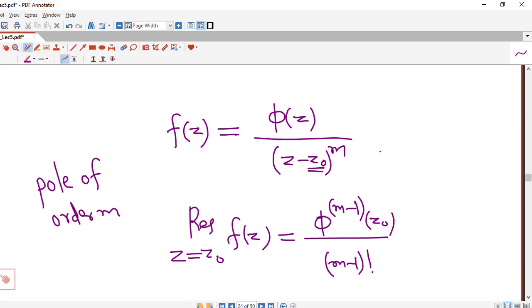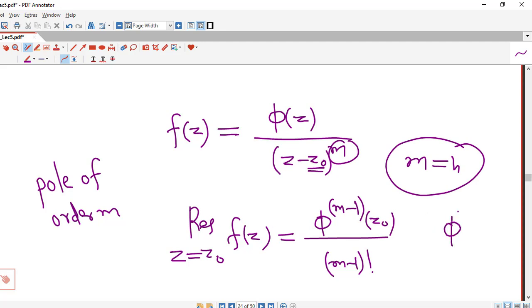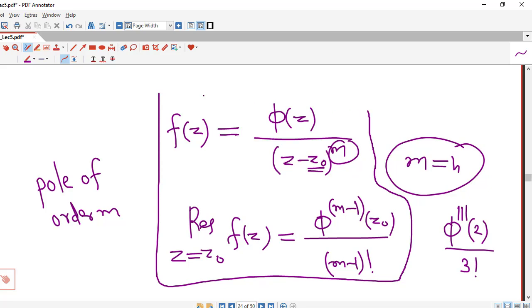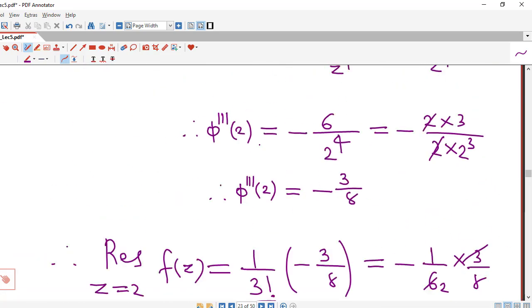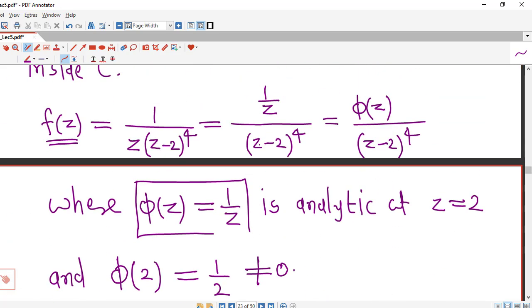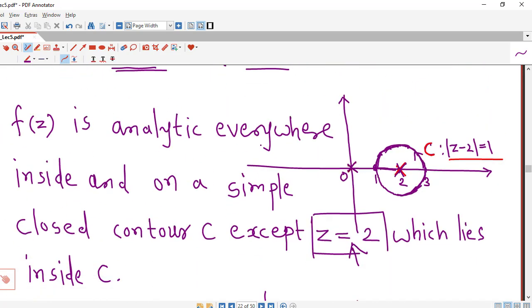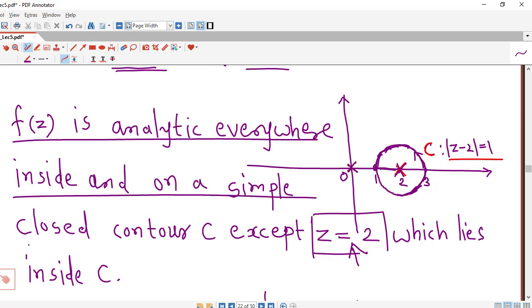So in our case the value of m was 4, so we have taken m equal to 4 and we calculated the third derivative of phi, and z0 was 2. So we have used this result as well as Cauchy's residue theorem. In this way we can easily evaluate some complex integrals if they satisfy the hypothesis of Cauchy's residue theorem.